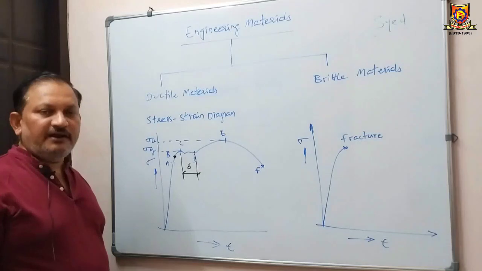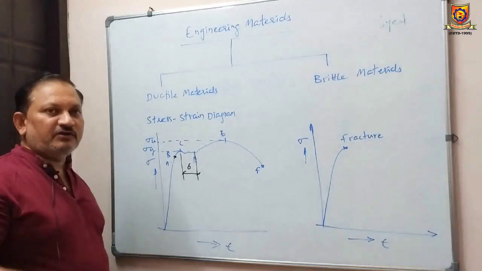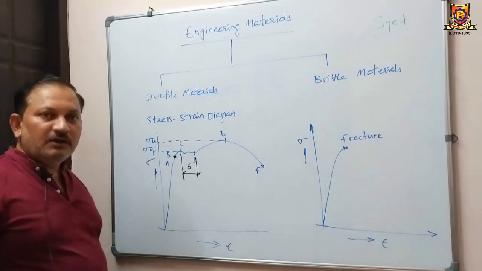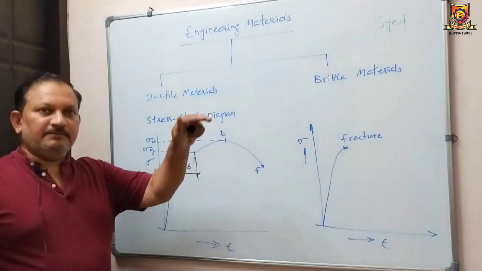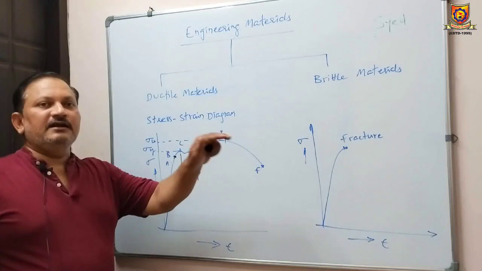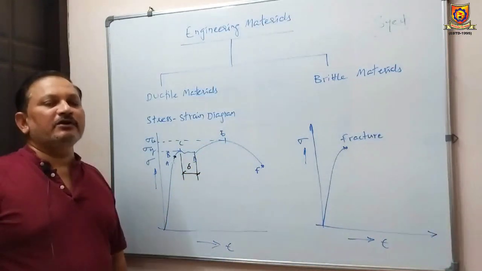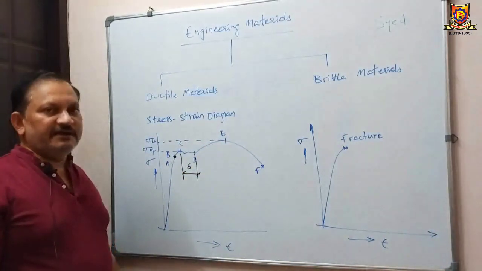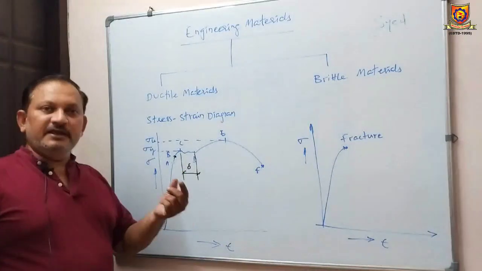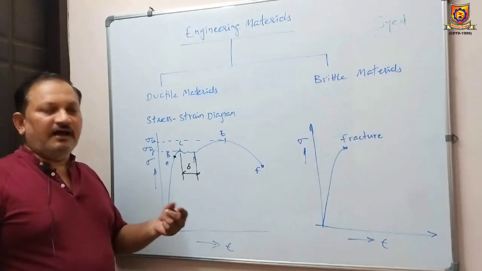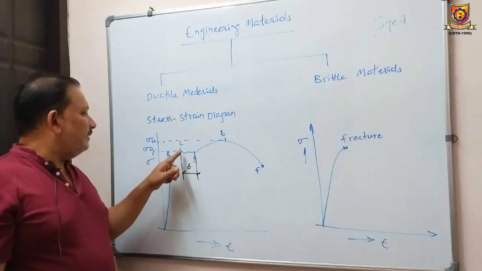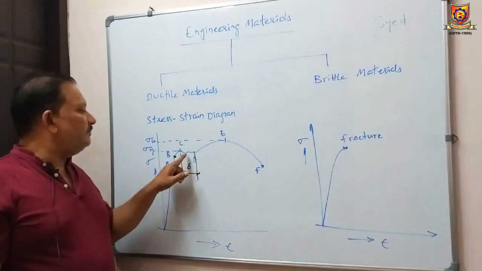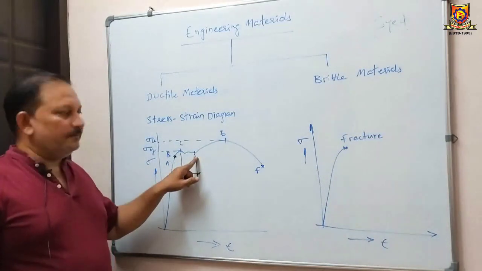Generally, the material strains when there is an increase in stress or load. But when the material reaches its yield point, failure of the material starts. That is the indication. So without appreciable increase in the stress or load, there is an appreciable amount of deformation. Point C is called the upper yield point and point D is called the lower yield point.